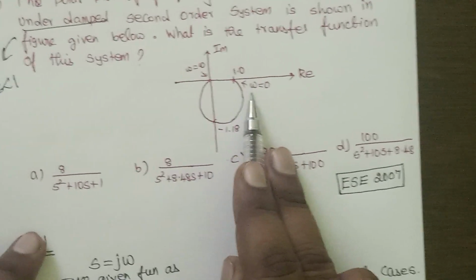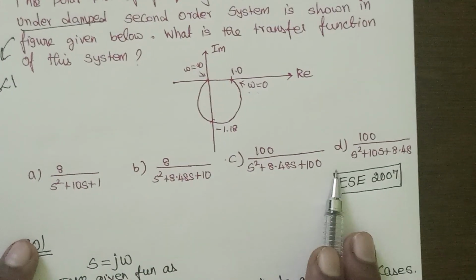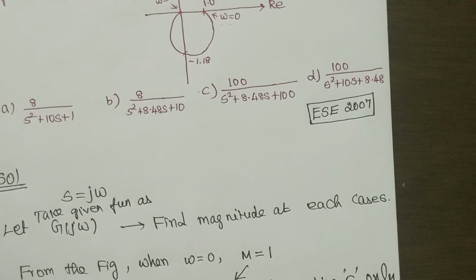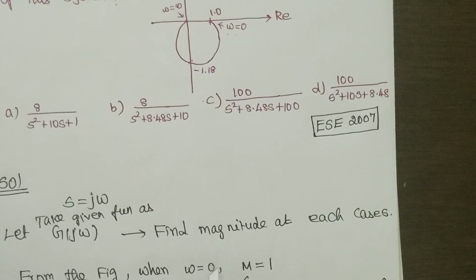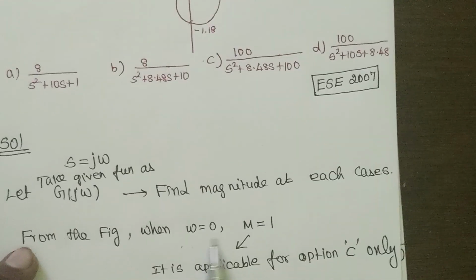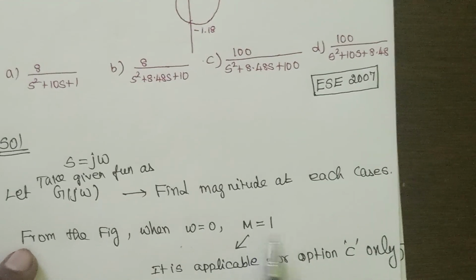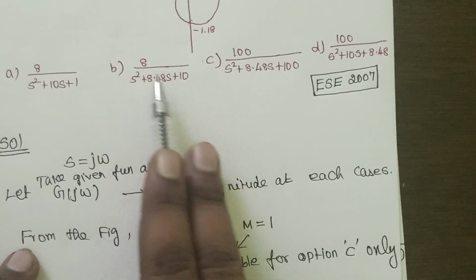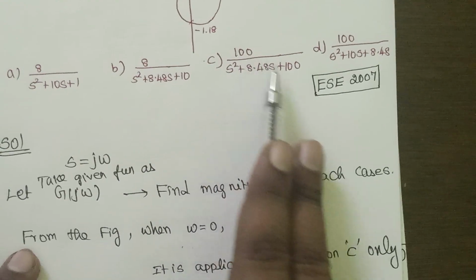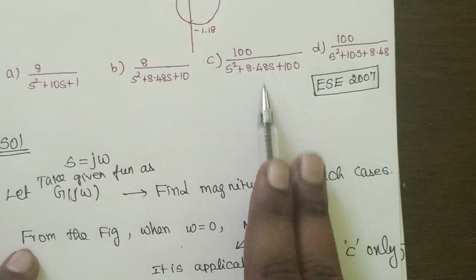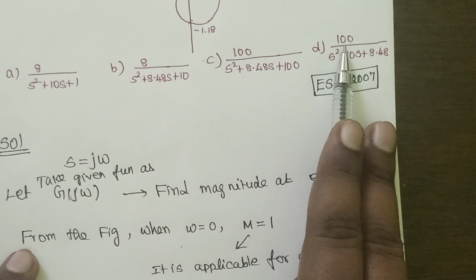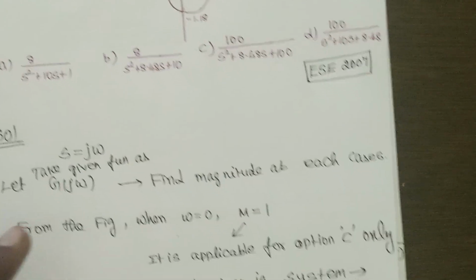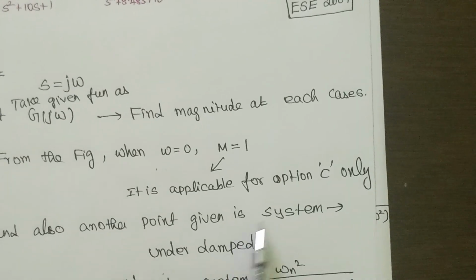So substitute omega equal to 0 in all the options. Magnitude 1 is applicable here; for one option the magnitude is 8 by 10, for another 100 by 100, which is equal to 1, so this answer is applicable. For 100 divided by 8.48, it is not equal to 1. So from this we identify that it is applicable for option C only.